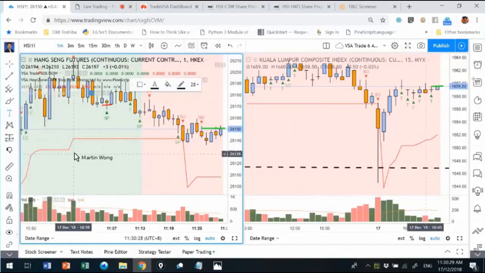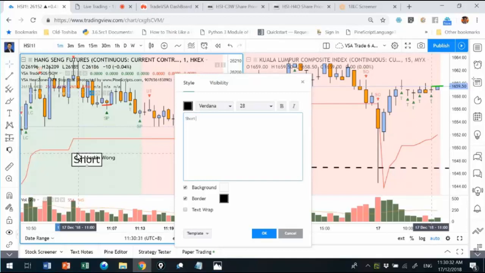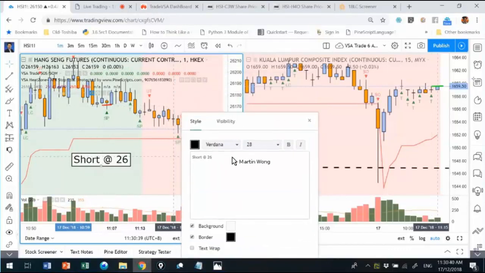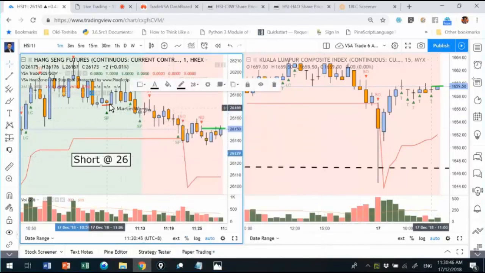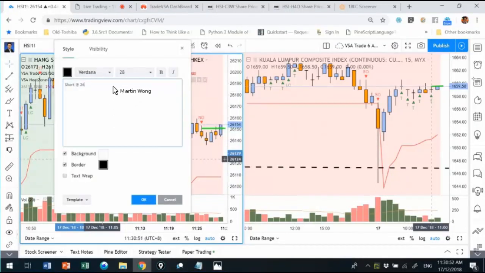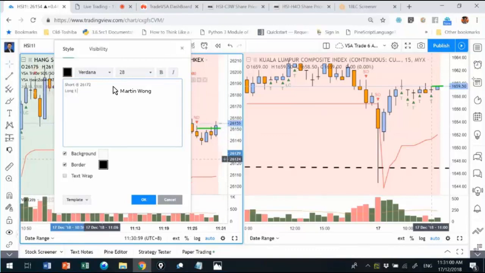Okay, one more. Put in the text. We shorted at 26172, and then we short covered, long to cover, at 26154.